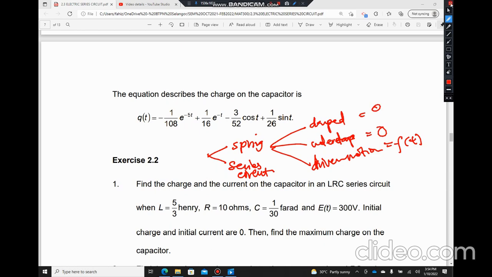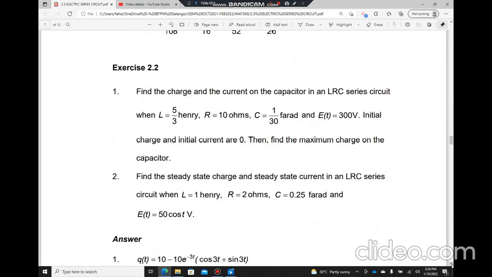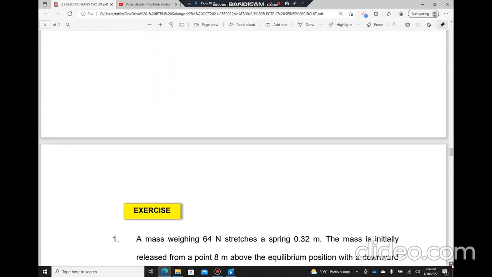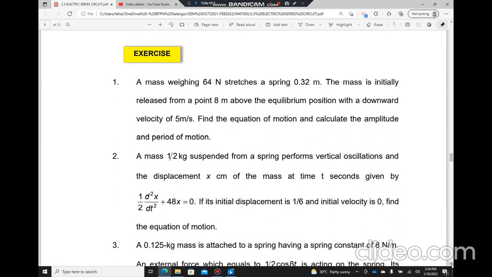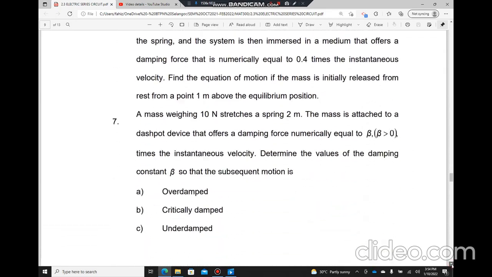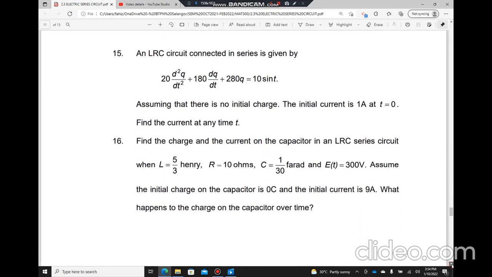Okay, so you can complete this exercise 2.2 untuk electric circuit, and then this is the answer. And then you also can complete this exercise for chapter 5. So dia ada berapa soalan ni? Yang ni untuk math. Math problem ada lebih kurang 16.